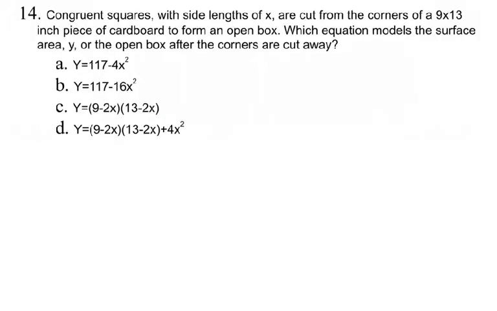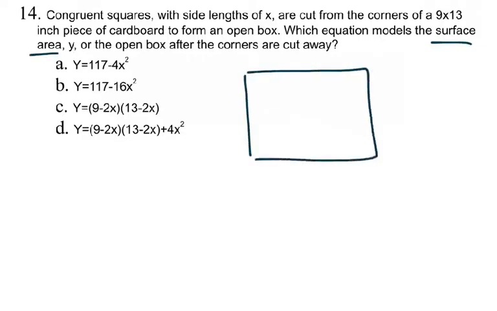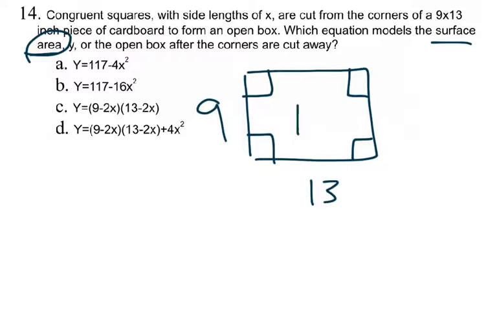Alright. Notice that this one is talking about surface area, no longer talking about volume, so it's not going to work the way that we just did. So we had this 9 by 13 piece of cardboard. We cut away some corners. We're talking about area. Area is found by doing length times width. So we had an area of 9 times 13, which is 117, and then we took away these corners, which were x by x.